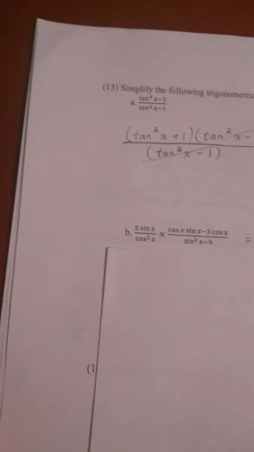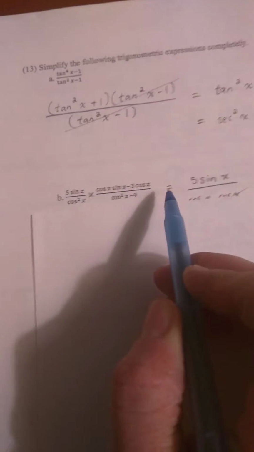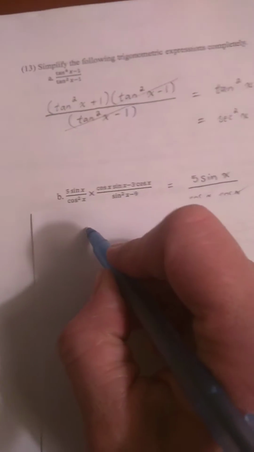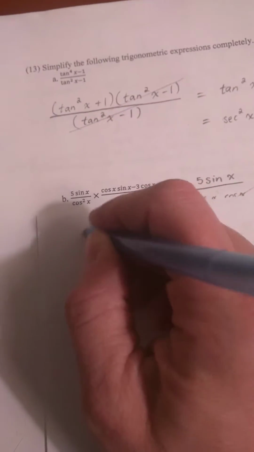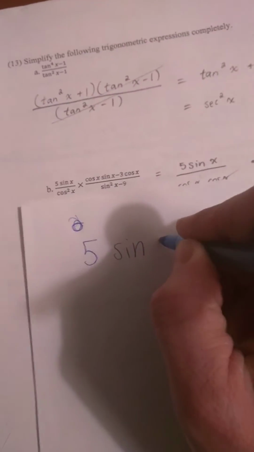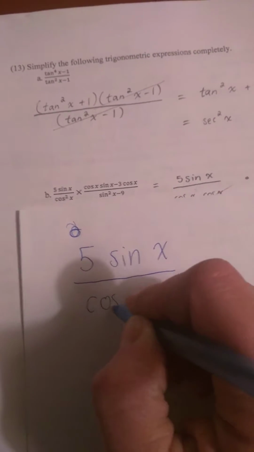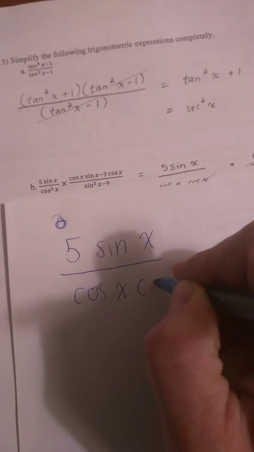All right, so we're going to write each of these rational expressions just in terms of their factors, okay? So over here we have 5 times the sine of x over cosine of x times cosine of x.